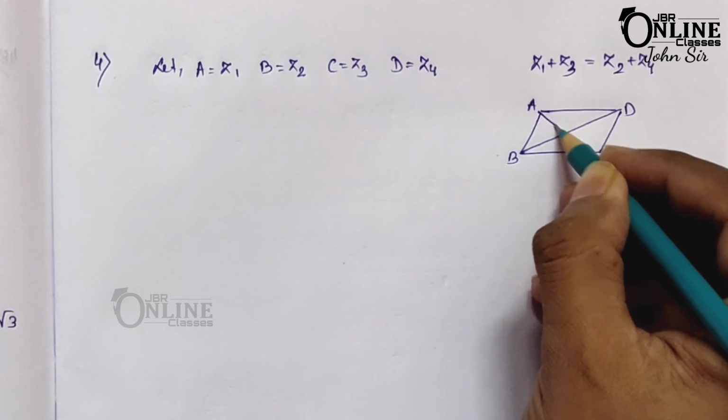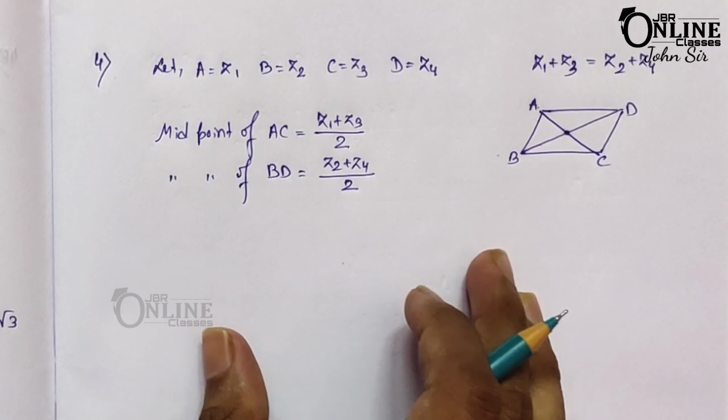Okay, so here the midpoint of AC will be, as A means z1 and C means z3, (z1 plus z3) by 2 by the coordinates formula, and the midpoint of BD equals (z2 plus z4) by 2. Okay.